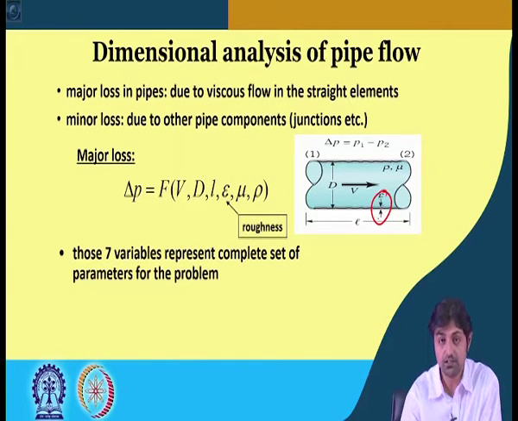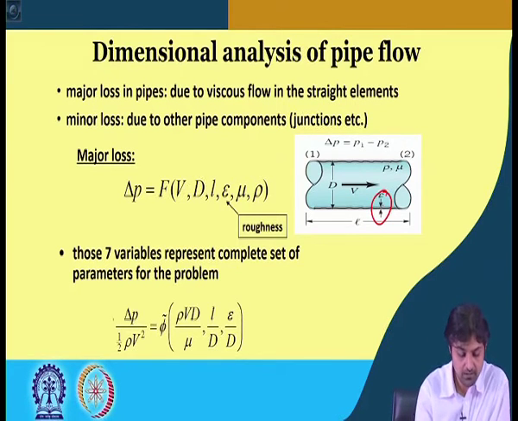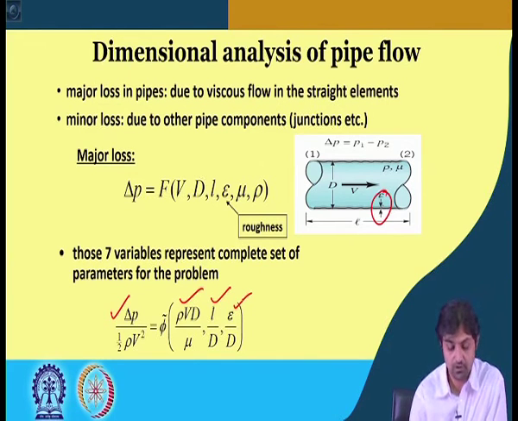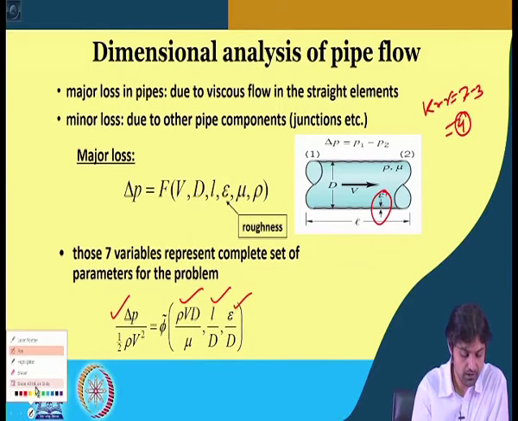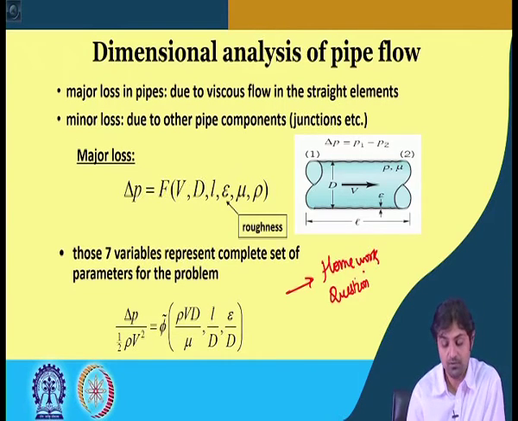This is the roughness element as I showed you before as well. We will get 1st dimensionless term, 2nd, 3rd and 4th. All right, as we said, k minus r, 7 minus 3, 4 dimensionless terms. Okay, and I ask you to do it as a homework question. If you have any problems, you can ask us about that in the forum.